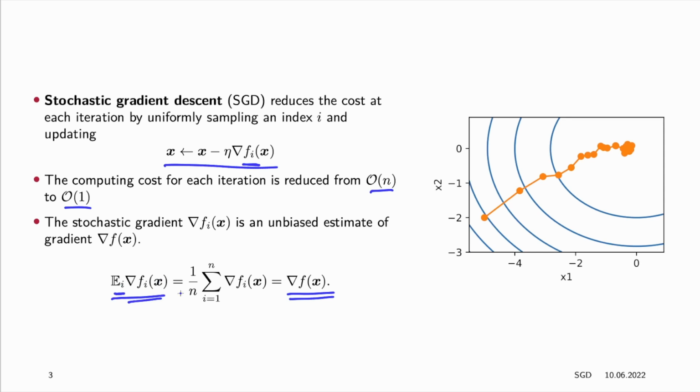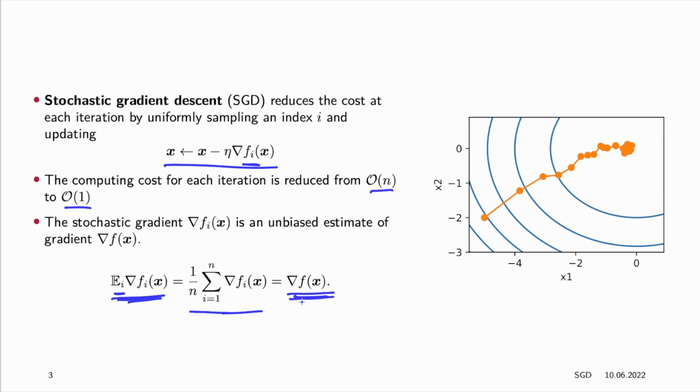So the expected value over all our n training examples, an empirical expectation over our data set, is equal to the average: 1 divided by n times the gradient of the i-th component function, which is exactly our real gradient. So in expectation, stochastic gradient descent yields the right gradient. Each example is different, but if you average over many of these, you get the correct gradient back.